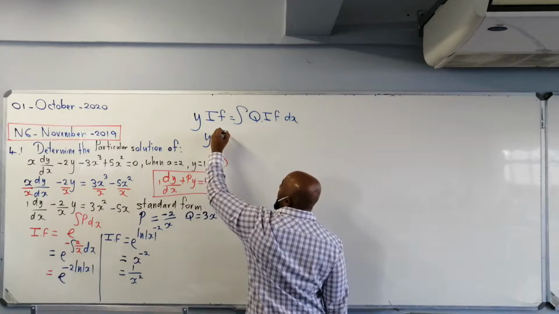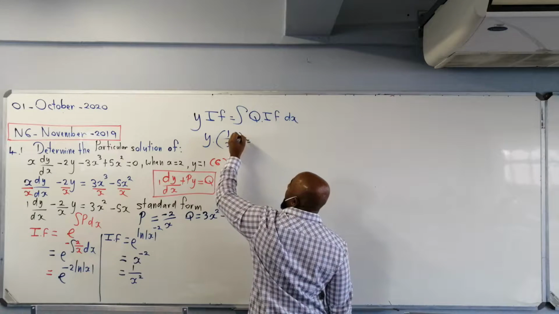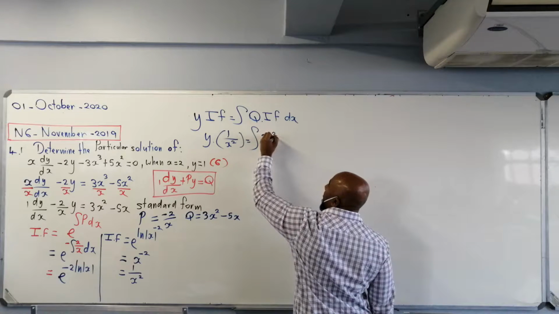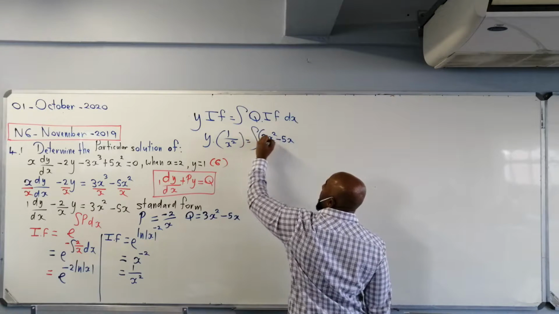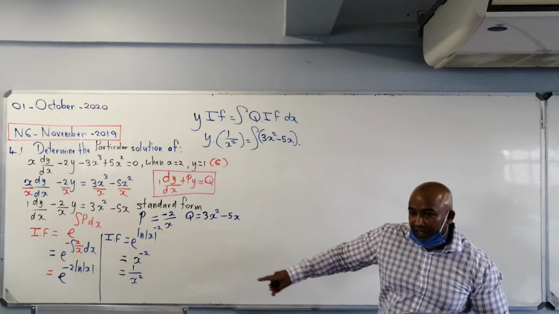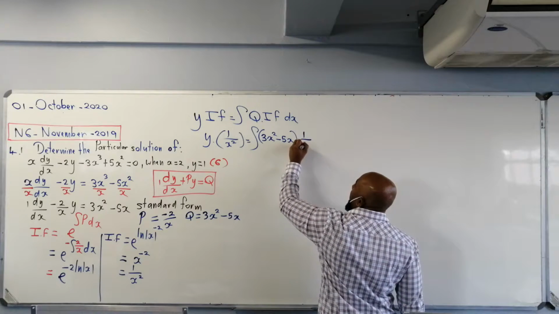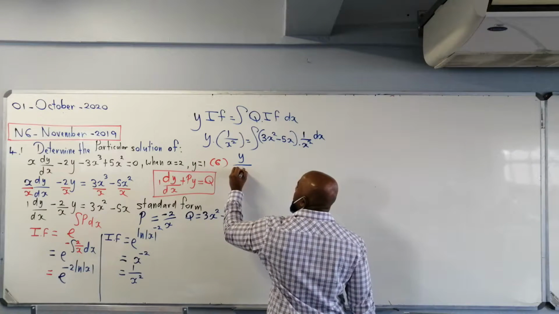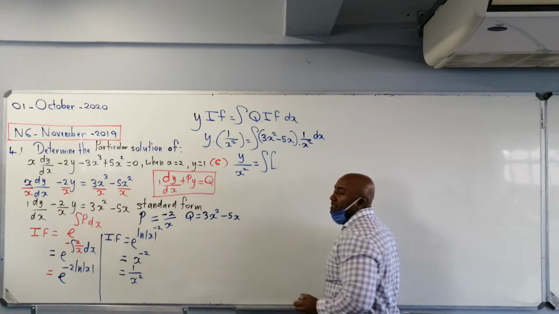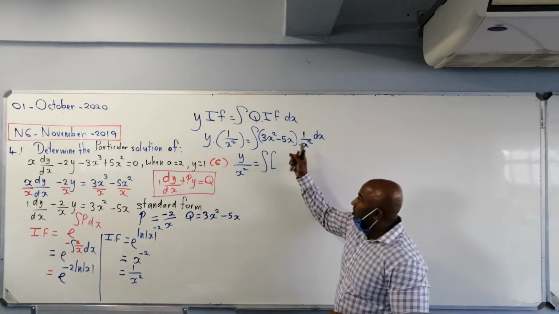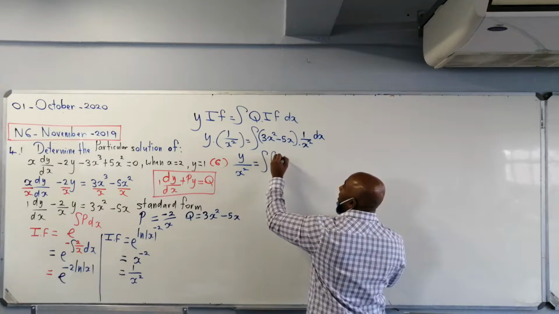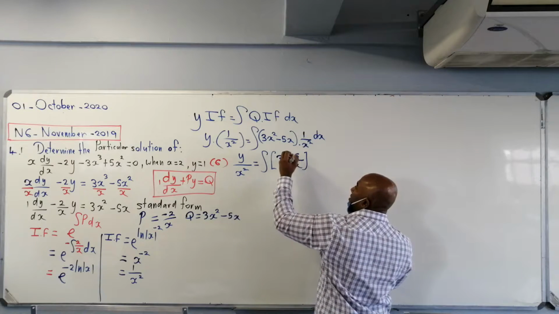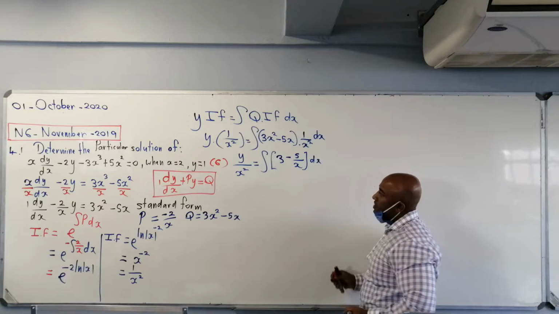y times your integrating factor is equal to the integral of q times your integrating factor dx. So that's y times 1 over x squared. Your q is 3x squared minus 5x times the integrating factor there, which is 1 over x squared. So we've got y over x squared. We need to simplify first. So 1 over x squared times term 1 will be 3, 1 over x squared times term 2 will be 5 over x, dx.